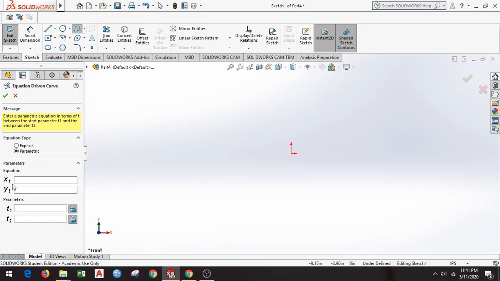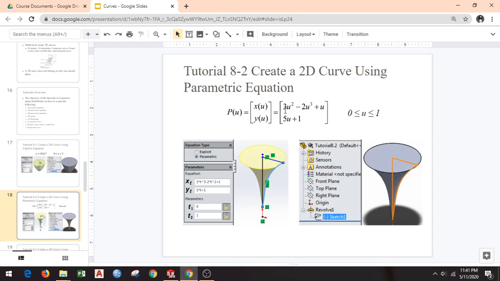It's just a different letter. It's the same thing. So instead of reading this as 3u cube minus 2u square plus u, I can read this as 3t cube minus 2t square plus t and 5t plus 1, and the parameter t will vary between 0 and 1.